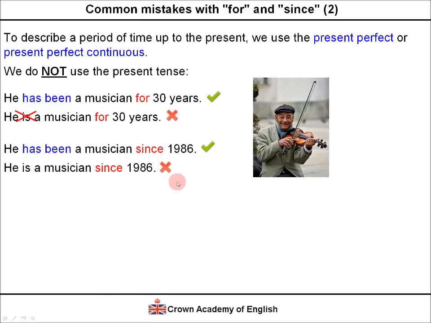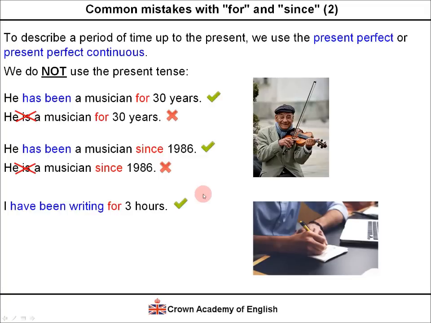This is not correct. Okay? This is a very, very common mistake with English students. And the reason is because in many European languages like French, Spanish, and I think Italian, those languages do use the present tense for this situation.